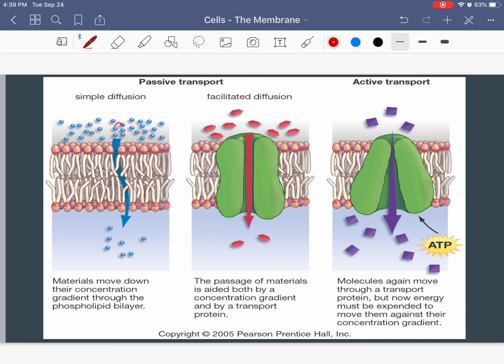So simple diffusion is movement of materials through that bilayer directly. Facilitated diffusion is the movement of materials through a protein channel, and then active transport is the movement of materials through a protein, but it's moving from low concentration to high concentration. All right, and it's using ATP to power that movement.